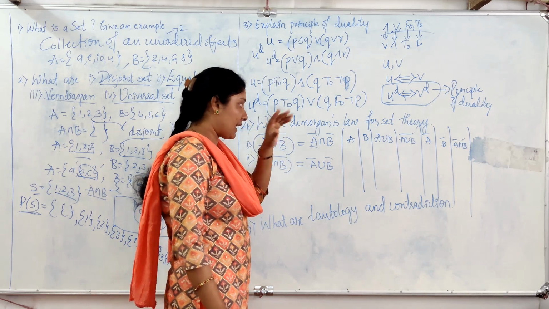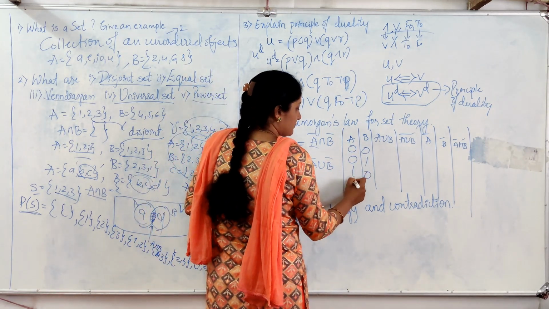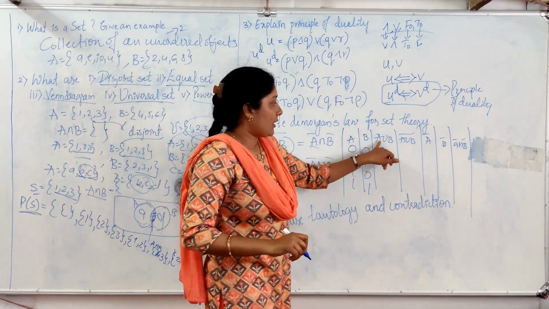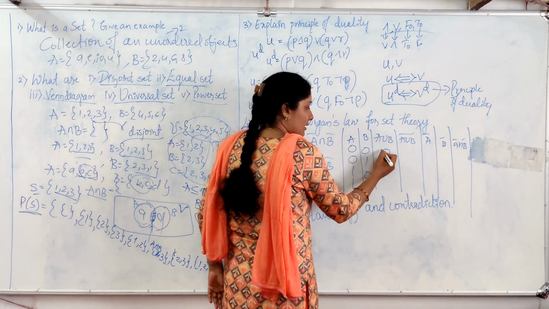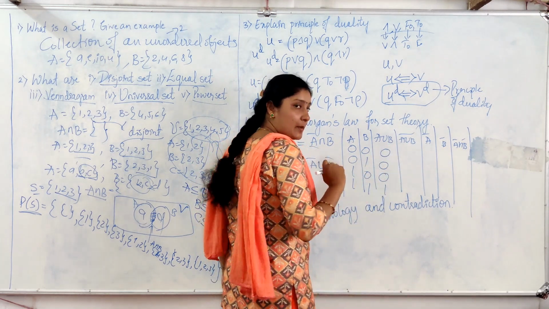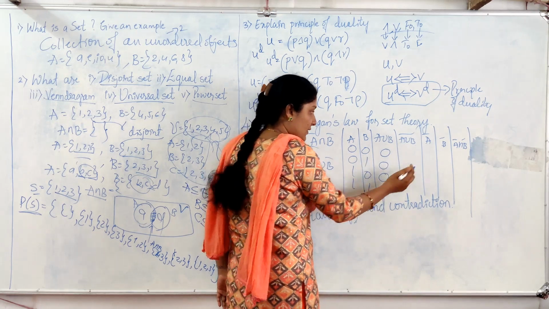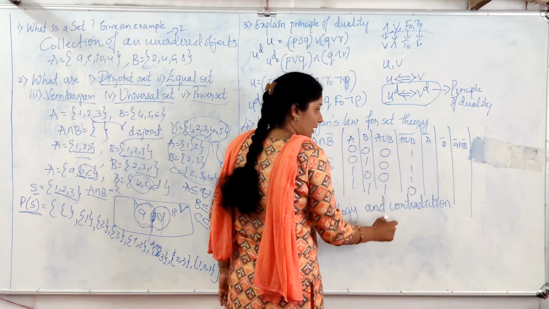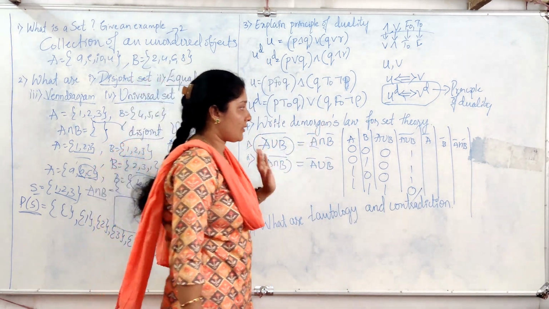Okay. Now let me write the inputs. See here. A union B means what? Multiplication 0, 0, 0, 1. Next, A union B whole bar means exactly the complement of this: 1, 1, 1, 0. Okay. So this is our LHS. Coming to RHS.